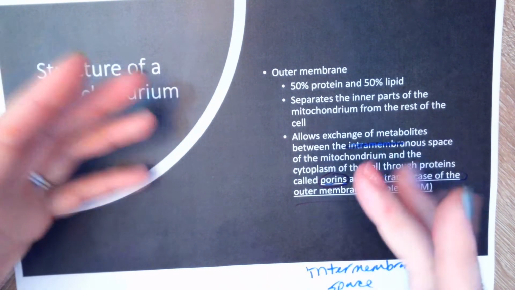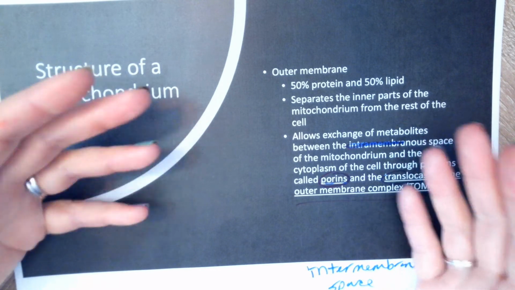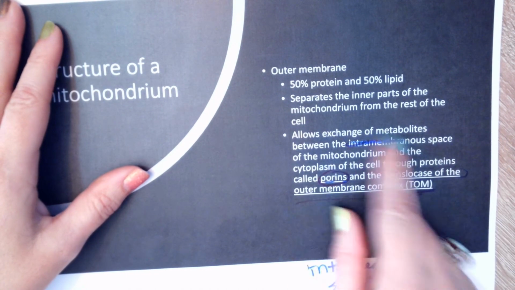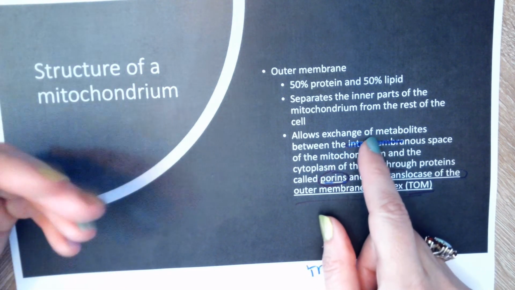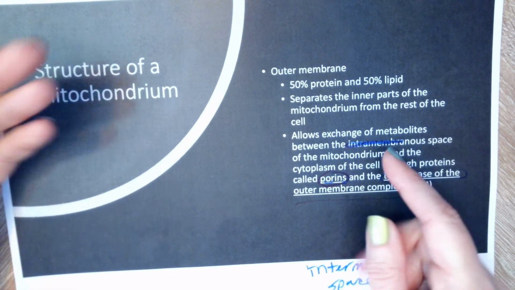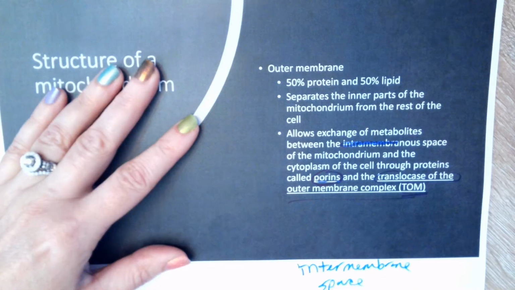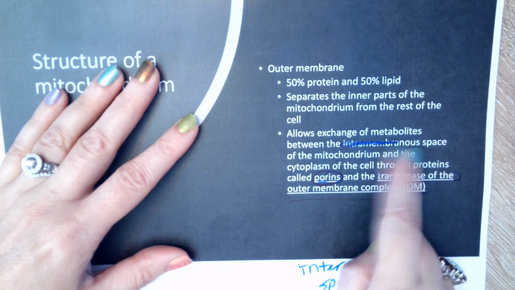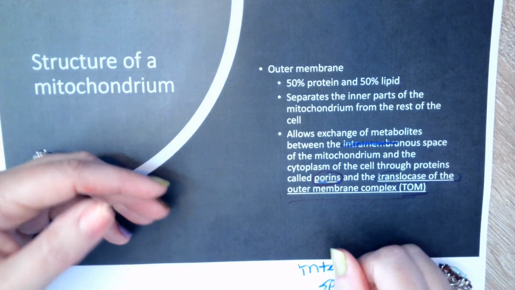It creates a compartmentalized space that is the inside of the mitochondria versus the rest of the cell. And across the outer membrane is where we move our metabolites like acetyl-CoA and NADH into the, and there's a typo on this slide, it should say intermembrane space, not intramembranous space, so between the outer membrane and the inner membrane.